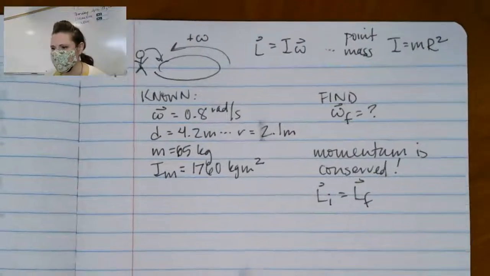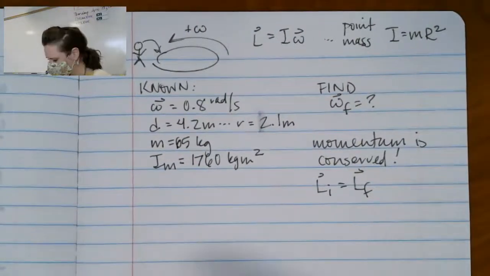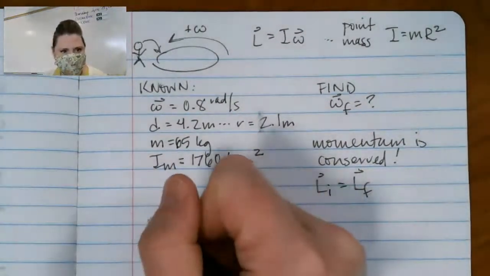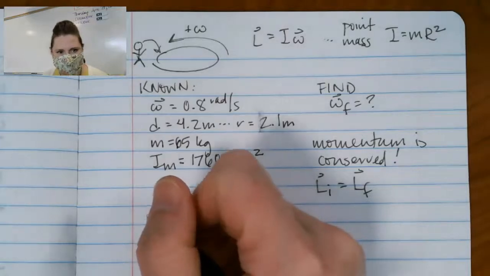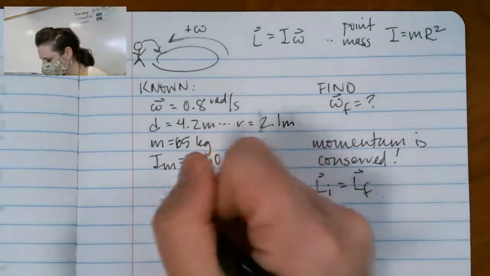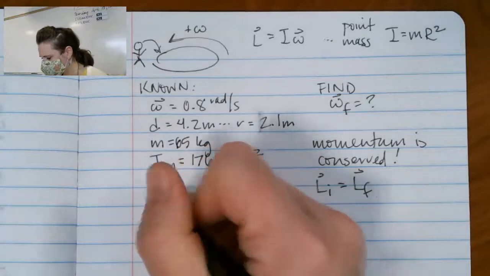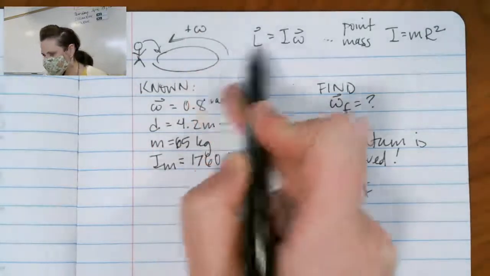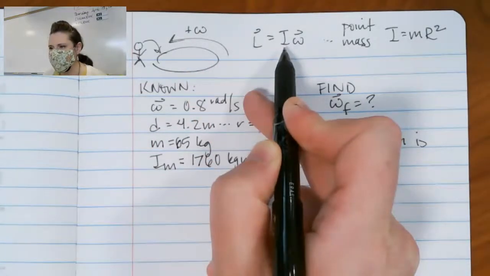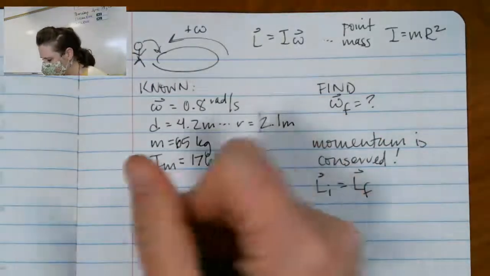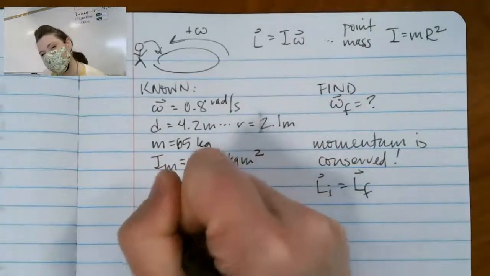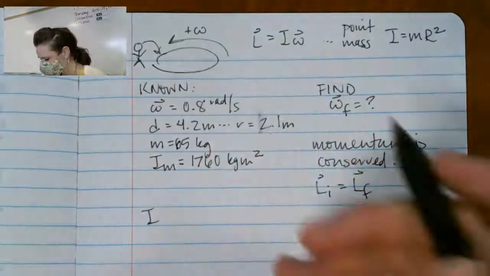So our equation: we think about the moment of inertia before the collision, times the angular velocity. I'm going to write out the whole equation. We've got 2 objects in the system here.